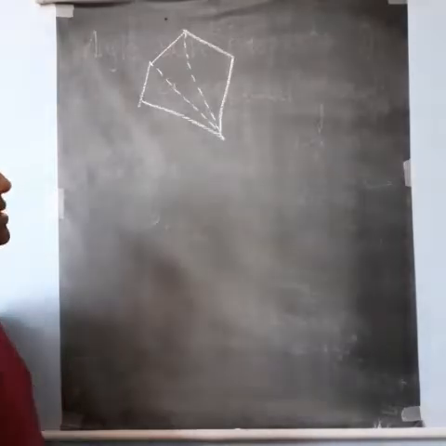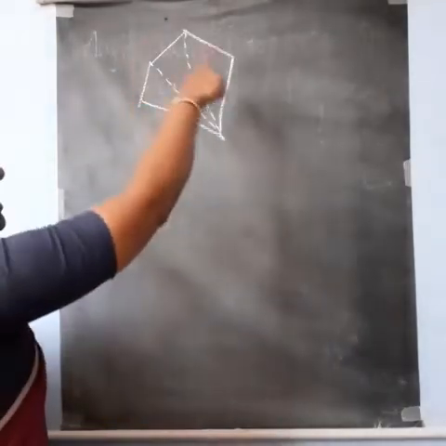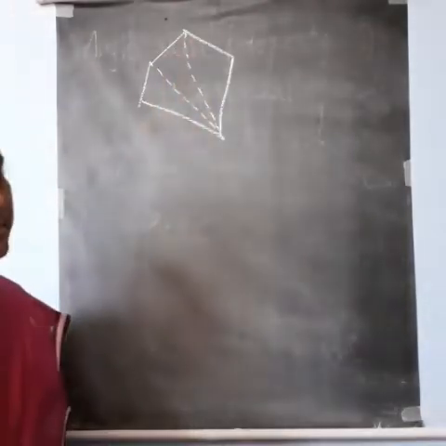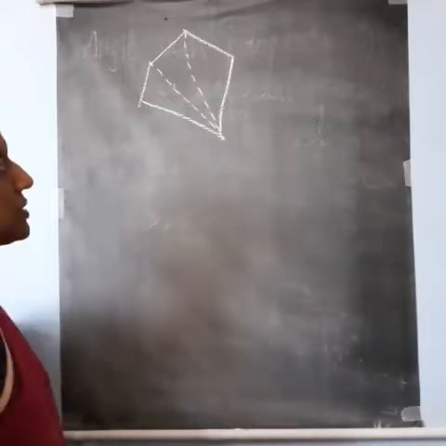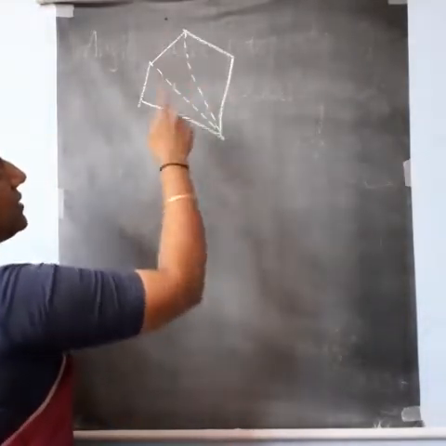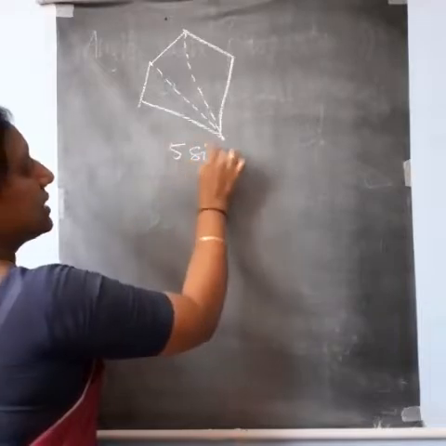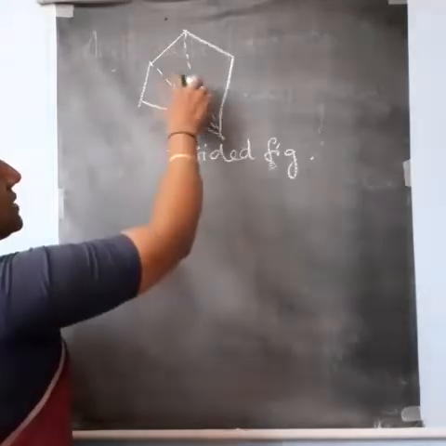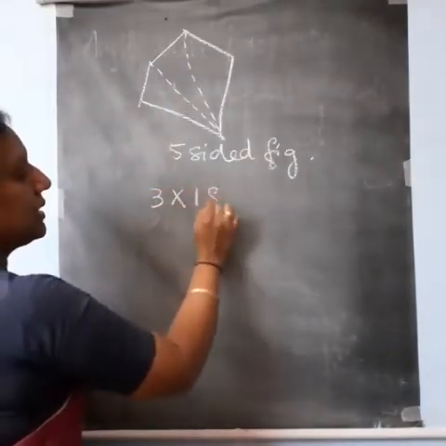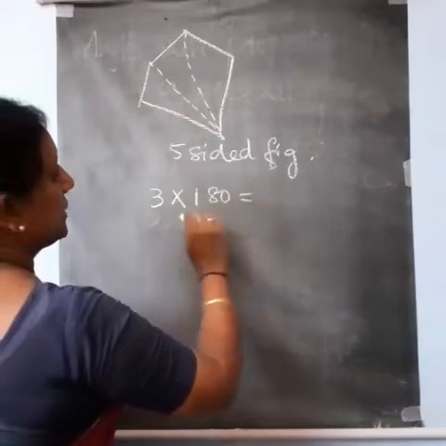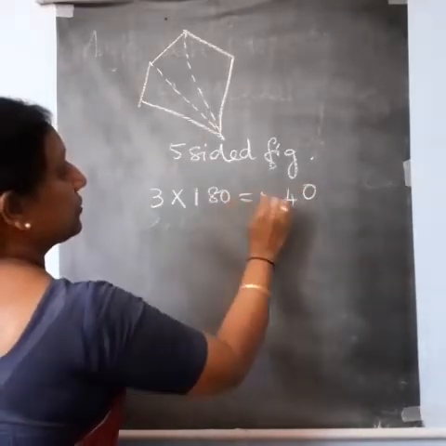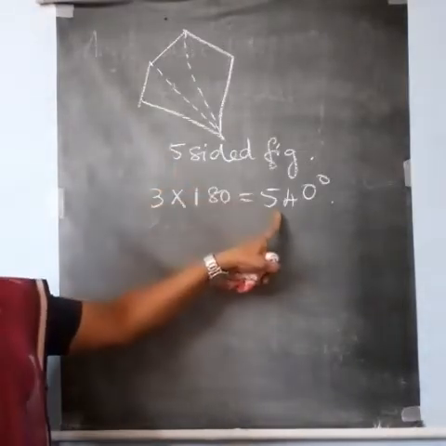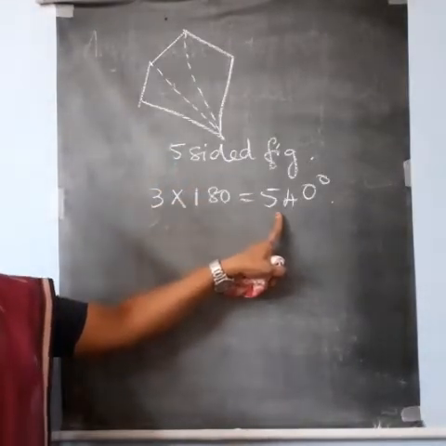So, the sum of angles of this five-sided figure is going to be the sum of angles of three triangles. In case of a pentagon, we are getting three triangles. So, 3 into 180 is equal to, how much is this? 540 degrees. So, in case of a five-sided figure, the angle sum property is going to be 540 degrees.